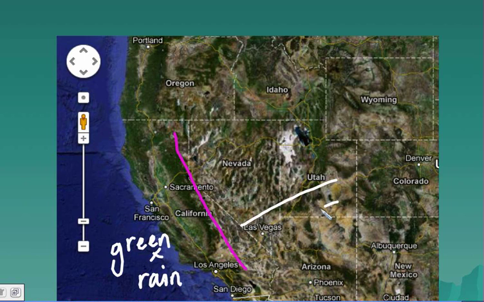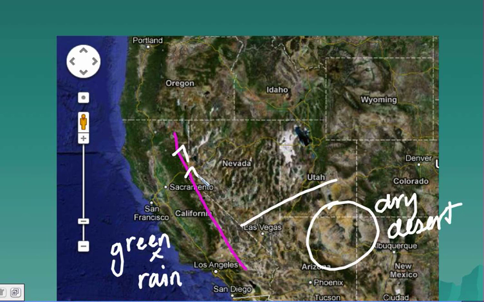It's a lot drier, a lot less rain, making for our desert climate. So simply the fact that these mountains stand here, something is happening with the air coming in, causing it to dump the rain on this side, leaving the air dry to make a desert on the other side.